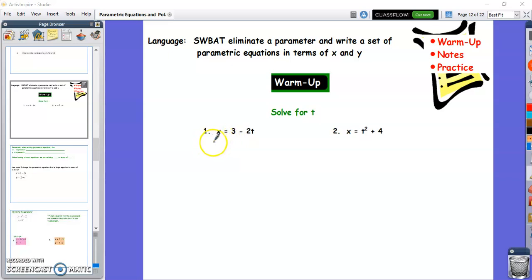So for example, number one, we have x equals 3 minus 2t. Since we are solving for t, that means I need to isolate my t on one side. My first step is I'm going to subtract 3 on both sides. And this becomes x minus 3 equals 3 minus 3 becomes 0, and then we have negative 2t on the right side.